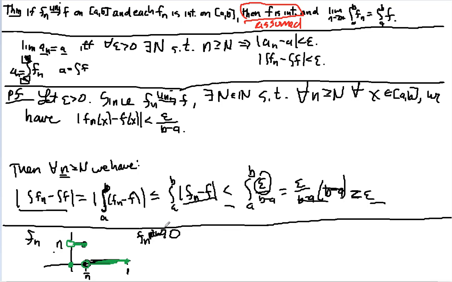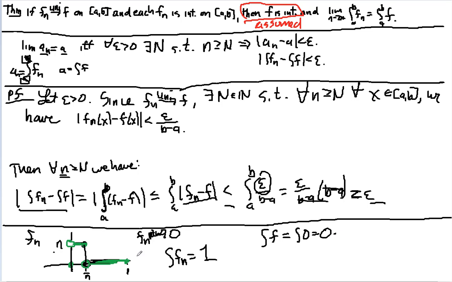But notice that the integral of f sub n is always going to be equal to 1, because you always get 1 over n times n. This rectangle is always going to give you an area of 1, and the rest is a rectangle of 0. But the integral of the limit is the integral of 0, which equals 0.